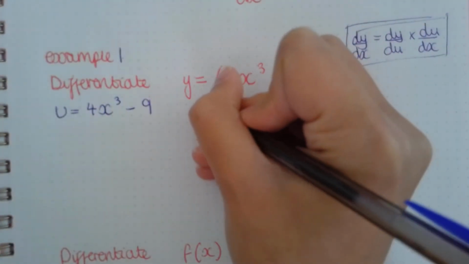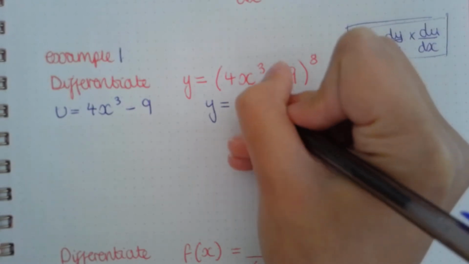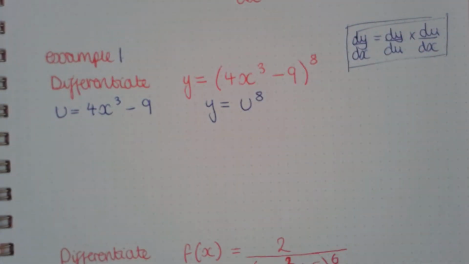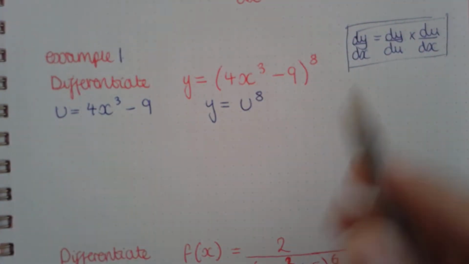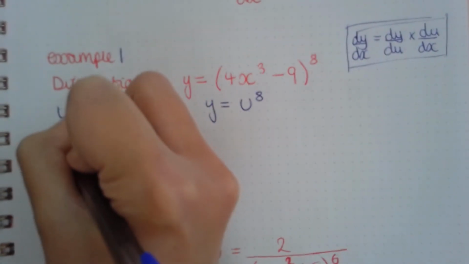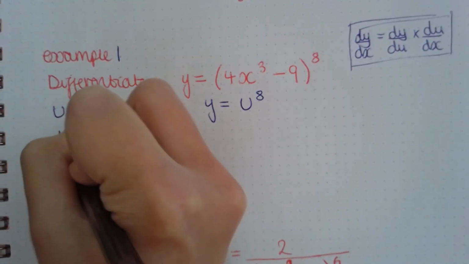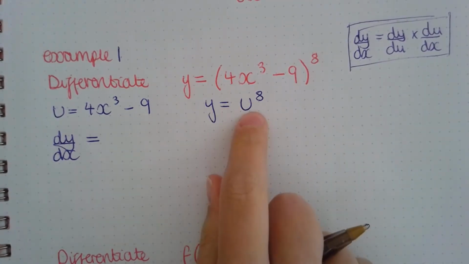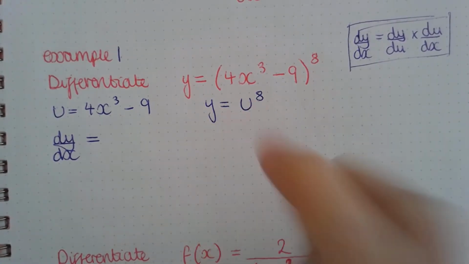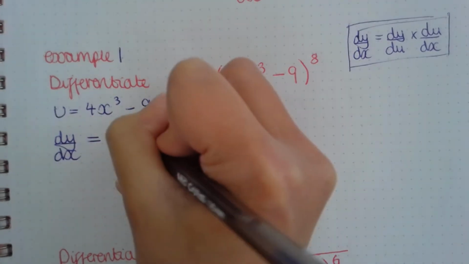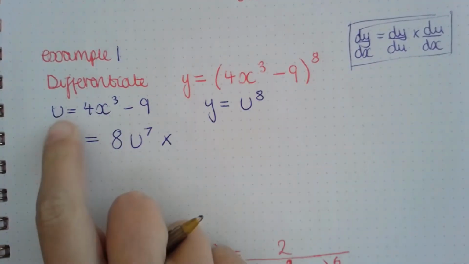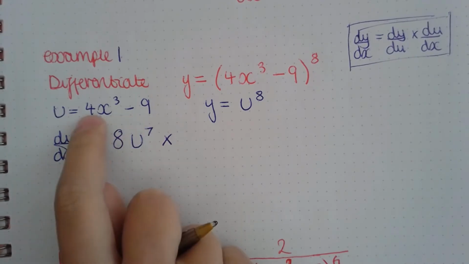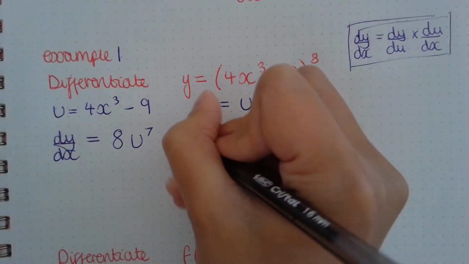That leaves us with y is equal to u to the power of 8. So our differential dy/dx is equal to, I differentiate y with respect to u, so I get 8u to the power of 7, times, then I differentiate u with respect to x, so I would get 12x squared.